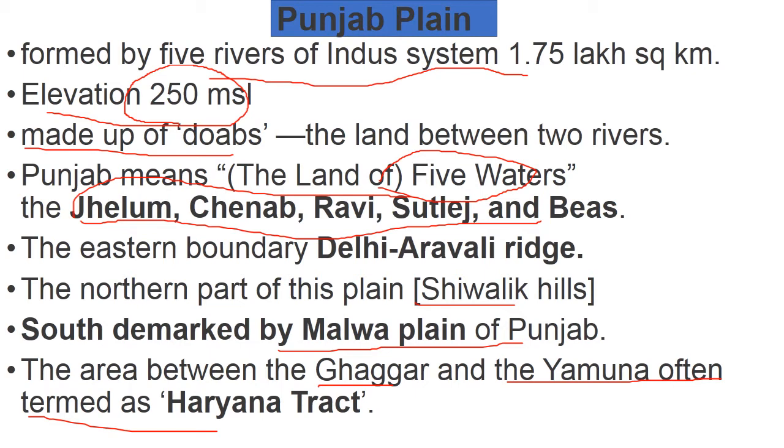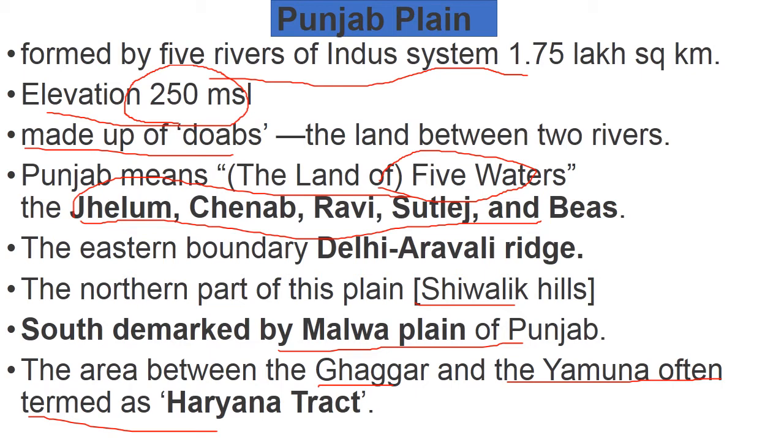Doab means the region lying between two rivers. Punjab means the land of five rivers: the Jhelum, Chenab, Ravi, Satluj and Bias. The region between these five rivers is known as the Punjab.